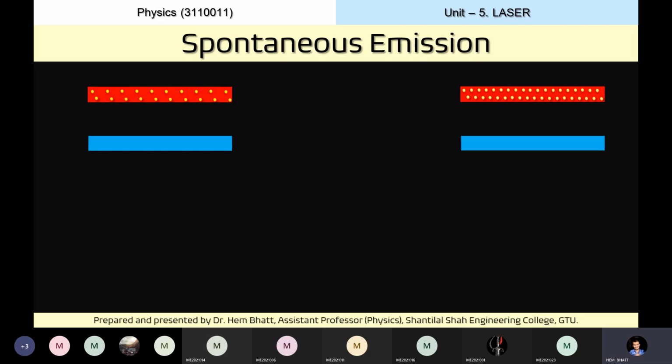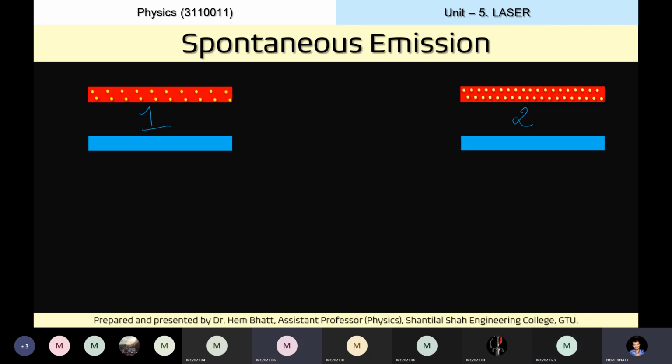What is the difference between these two? Number of electrons in the excited state. Both have electrons in the excited state, but in the first situation the number of electrons is less, and in the second situation it is more. So in which case will there be more spontaneous emission, 1 or 2? 2.